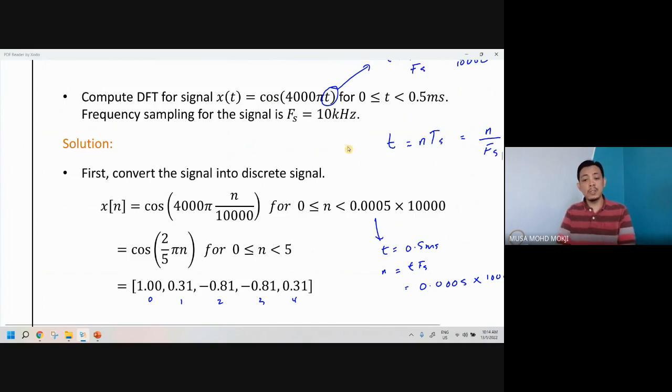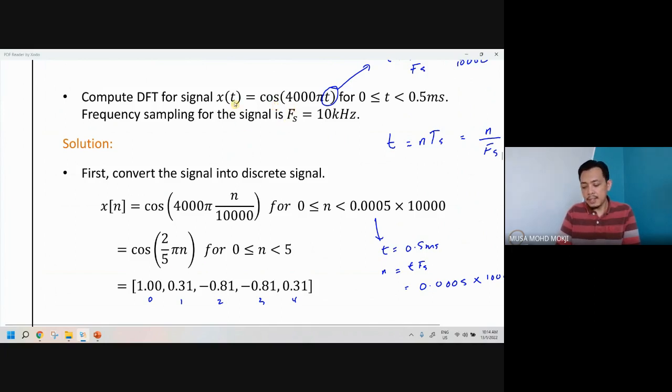Each sinusoidal signal has a unique, single frequency. So this is the basic idea on why we can transform the time domain into the frequency domain, because every single sinusoidal signal represents one frequency.